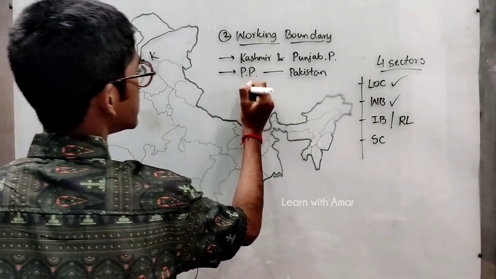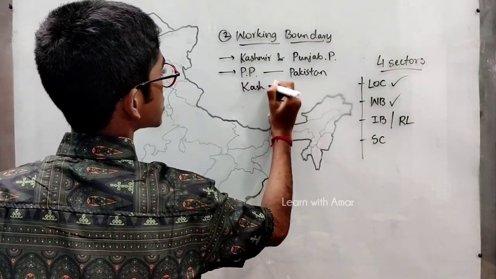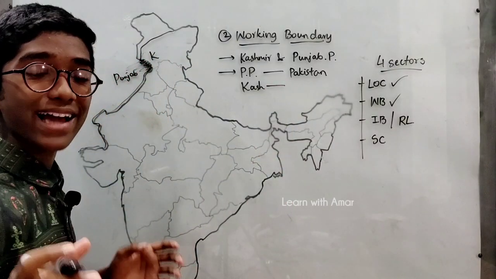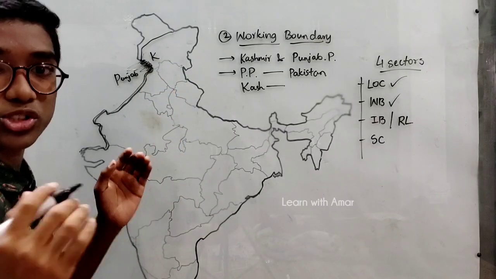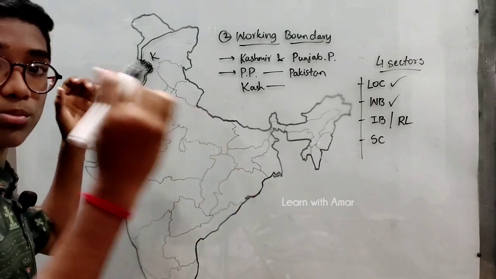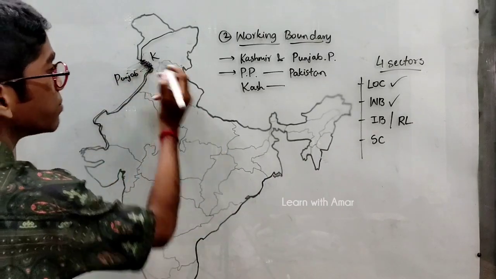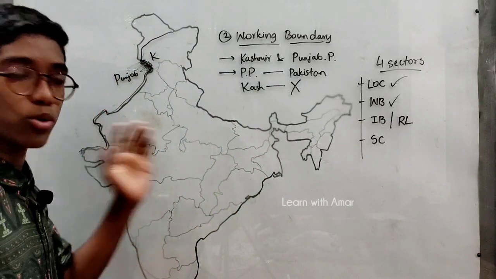But this Kashmir region, it is not accepted by Pakistan, that some of this Kashmir region belongs to India. It claims that Kashmir also belongs to Pakistan, this area. So it is not accepted by both the parties.